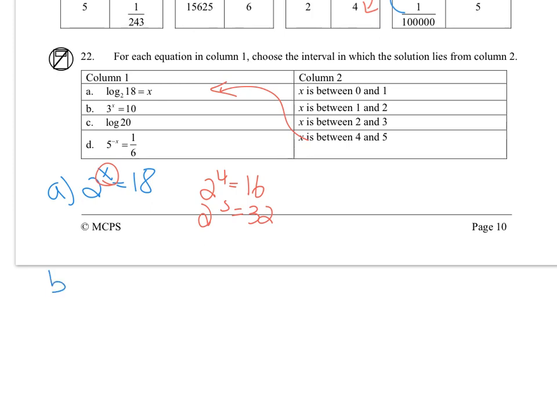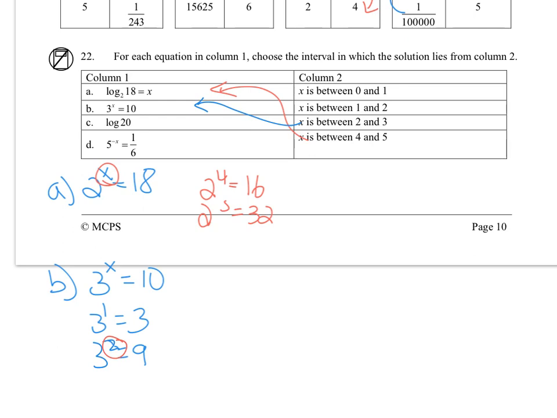Okay, for B, 3 to what power is 10? Well, 3 to the 1st is 3, and 3 squared is 9. Oops, that's a 2. So it's going to be really, really close to the 2, and then into 3, so that's this one, between 2 and 3.